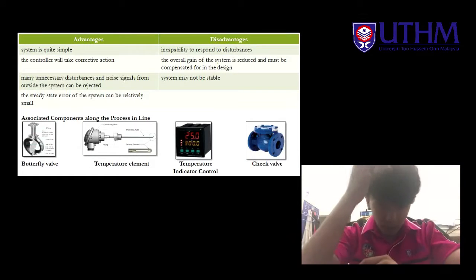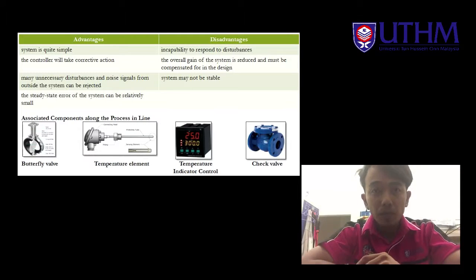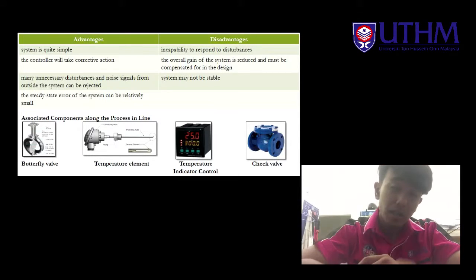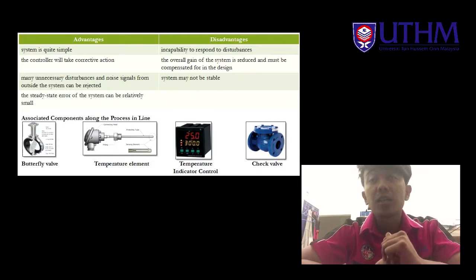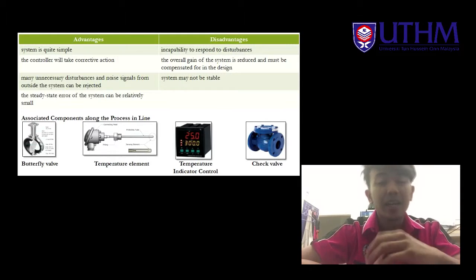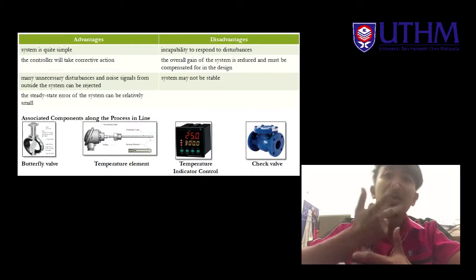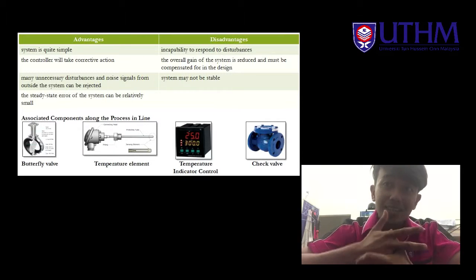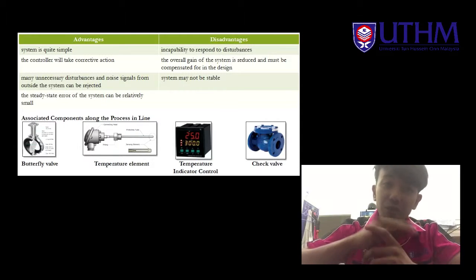Assalamualaikum warahmatullahi wabarakatuh. My name is Muhammad Syahrul Nizam bin Muhammad Taib. I will continue the presentation about the advantages and disadvantages. The advantages of this system are that the system is quite simple, and the controller will take corrective action. Third, many unnecessary disturbances and noise signals from outside the system can be rejected.